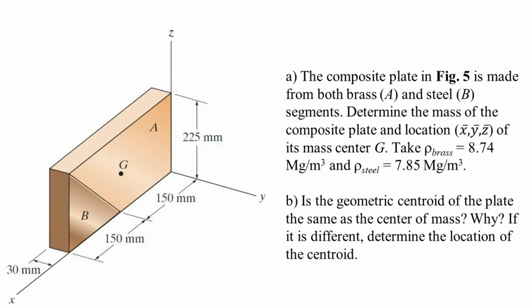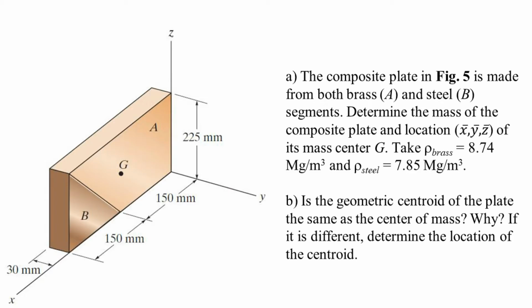Okay, question number 2. You have the diagram there on the left, and the question says the composite plate in the figure is made from brass, which is part A, and steel, which is part B segments. So if you see the diagram, you have the part labeled A and the part labeled B. Determine the mass of the composite plate and location of its mass center.